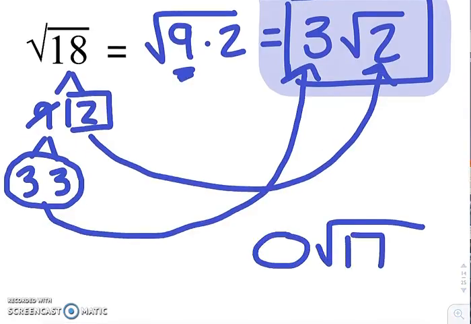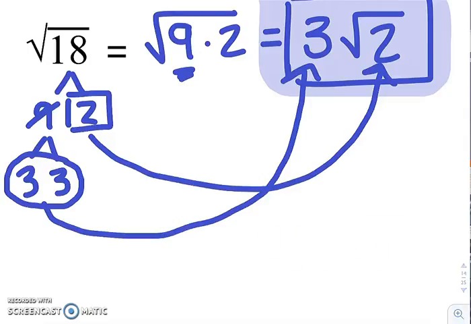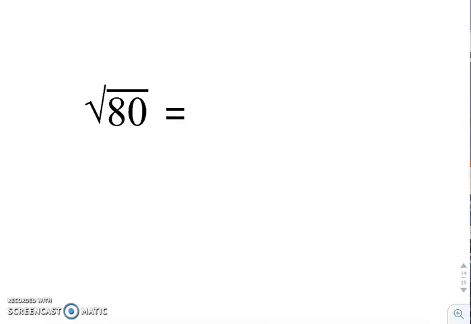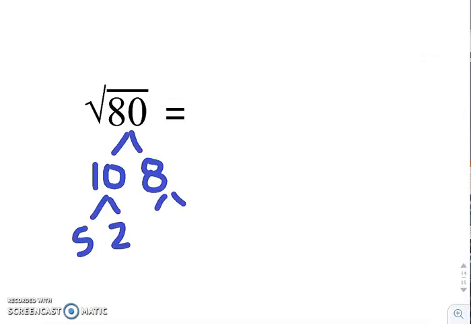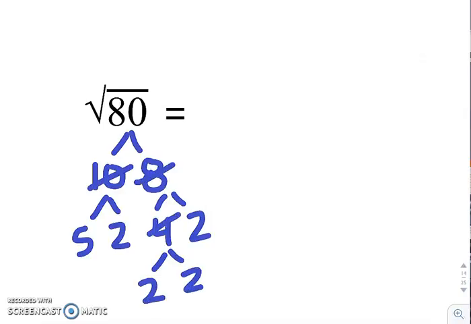What's left goes underneath. So let's look at 80. So I would probably do 10 and 8. 5 and 2, 4 and 2, 2 and 2. So again, anything we sort of factored, we can cancel out.